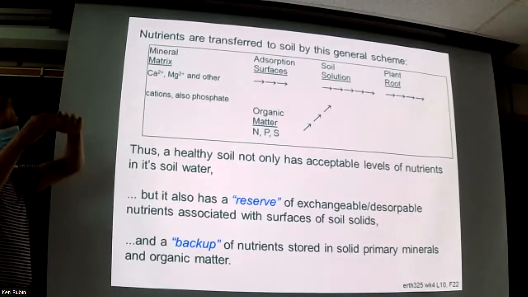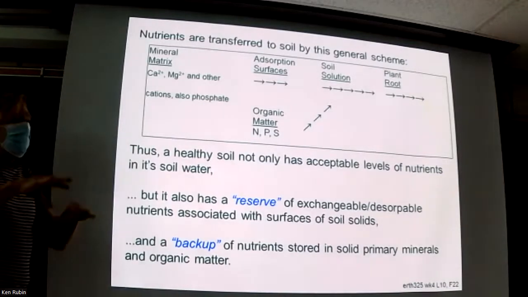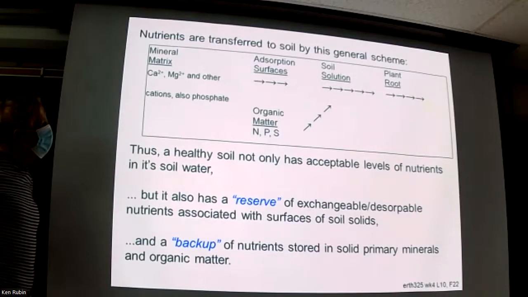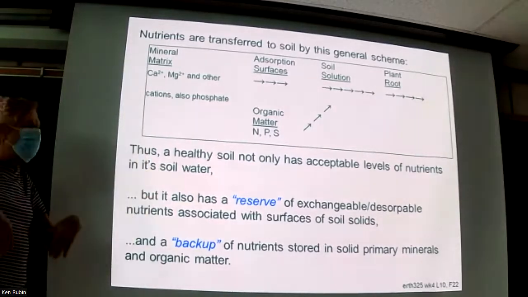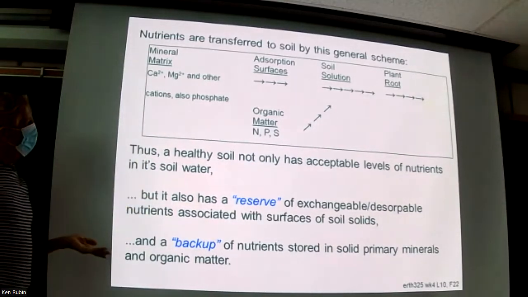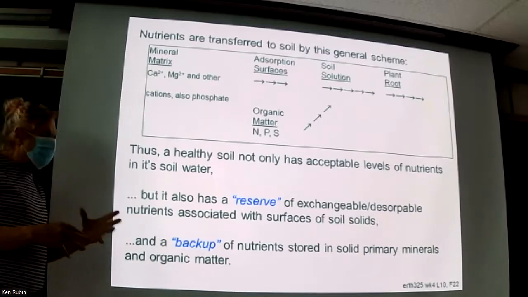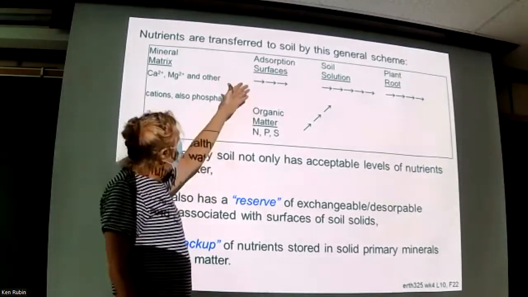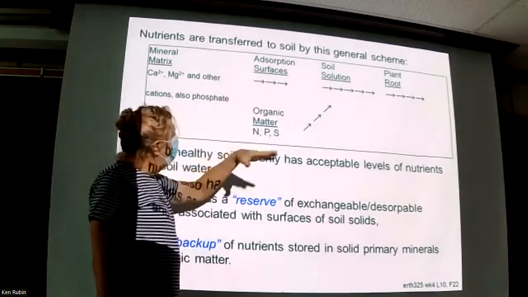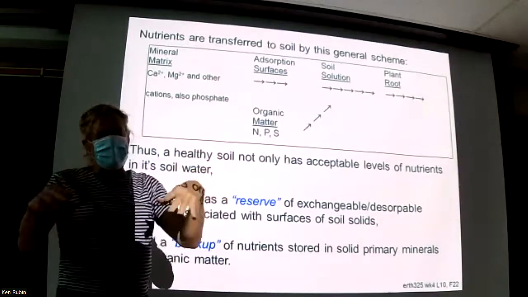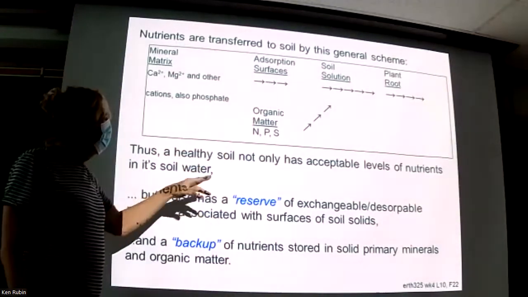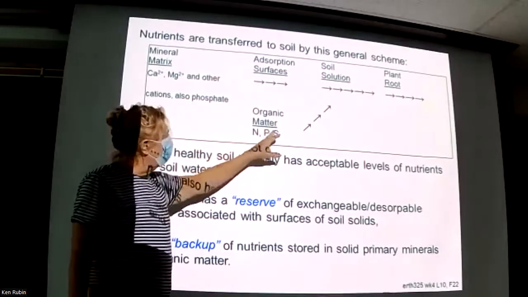And we talked last time about there being different minerals in different parts of the soil column, depending on variations in pH and organic matter and maturation. There's also the active surfaces that those particles present, and they can have absorption on them. There's also organic matter that's been added largely from above, and it's primarily a store of nitrogen, phosphorus, and sulfur.